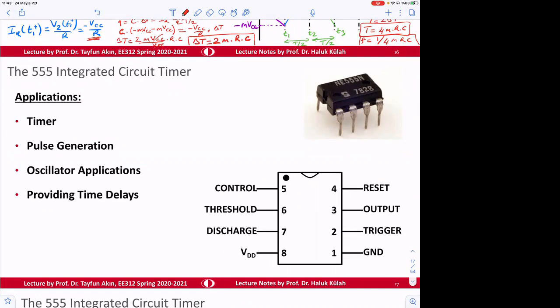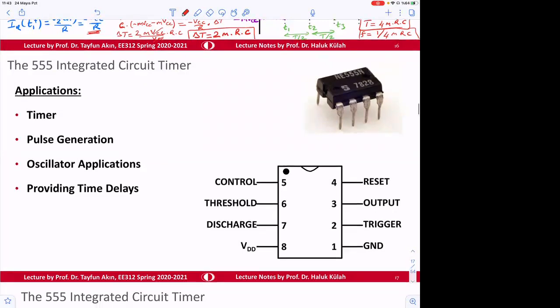This is an IC which can be used for creating asynchronous circuits, or to make pulses and oscillators, and all the things that we have seen in the past can be generated with one chip.